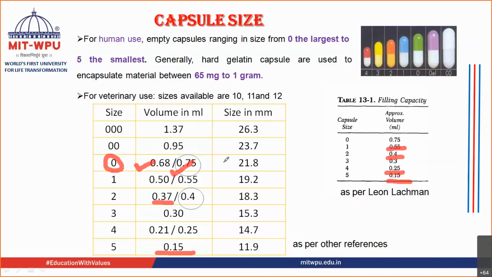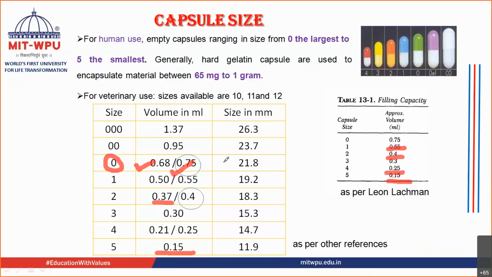Now I told you that the size of the capsule is given in terms of volume, but the material that you fill is in terms of grams. If I ask you how much material in grams is going to be filled in a 000 size capsule, what will be your answer?